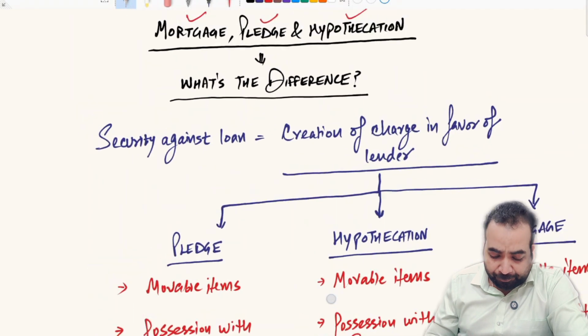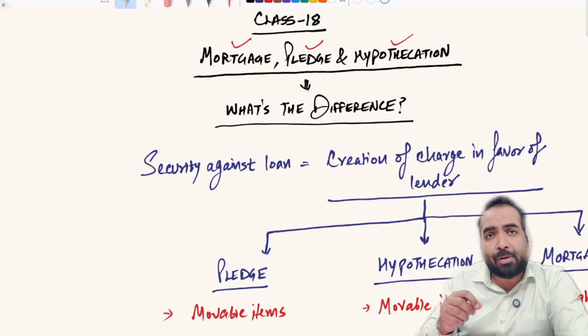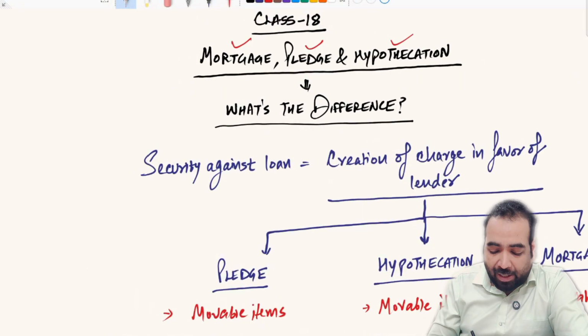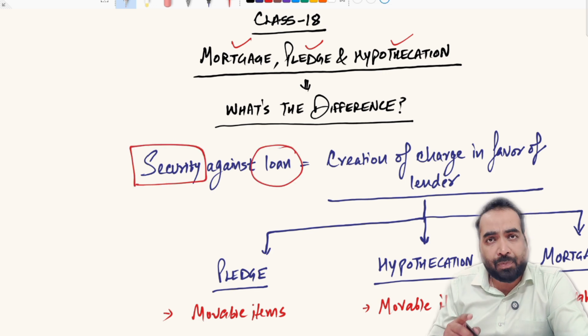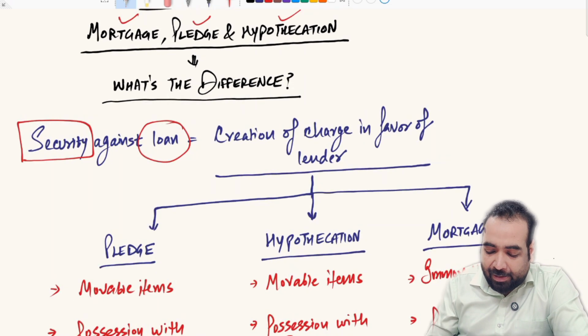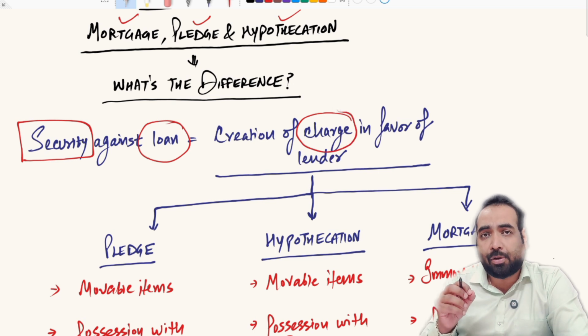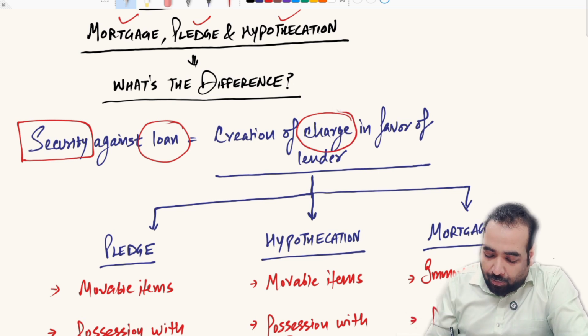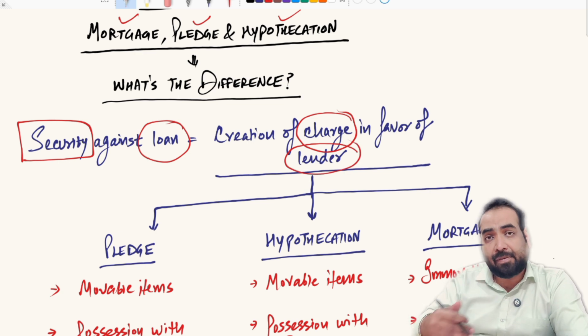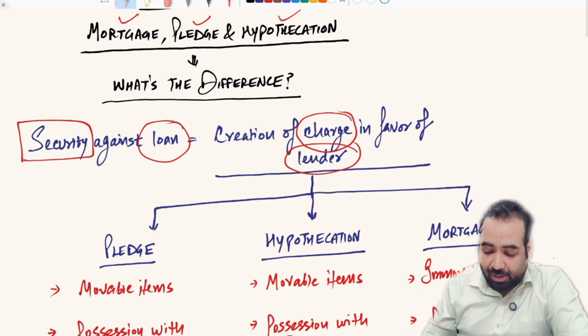So what's the difference? Whenever you are submitting a security to the bank, you are giving a security to the bank against a loan. The bank creates a charge on that security in favor of themselves, in favor of the lender, right?